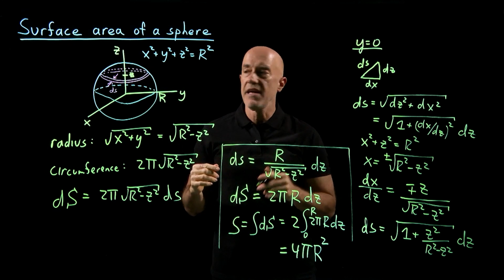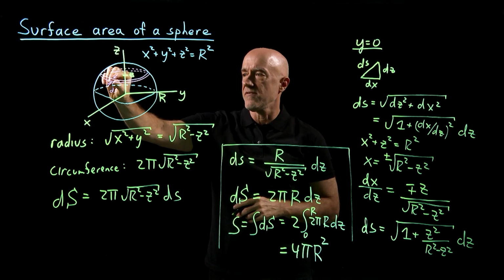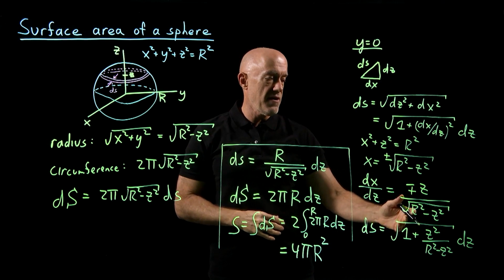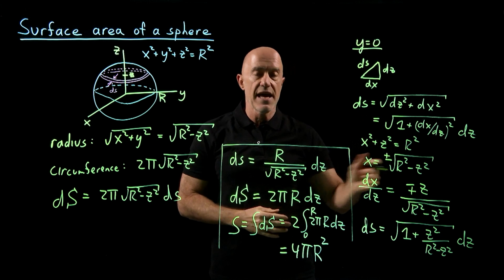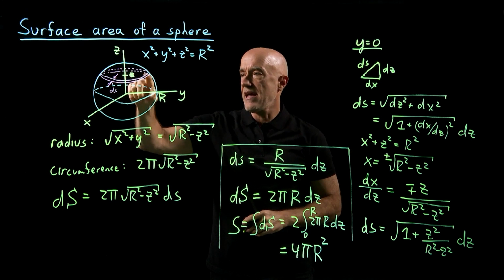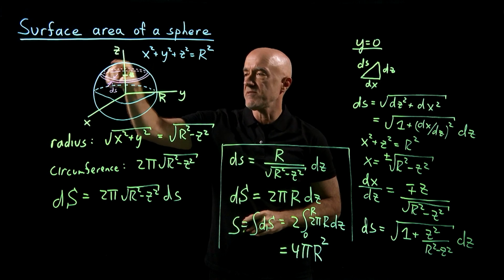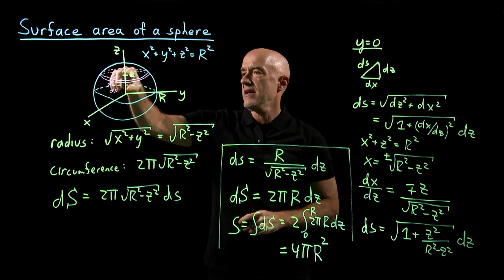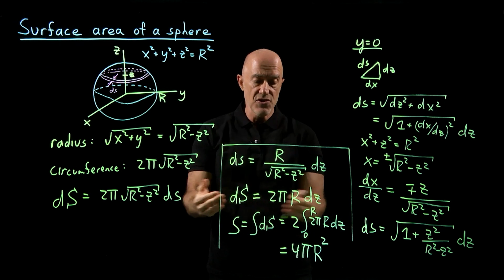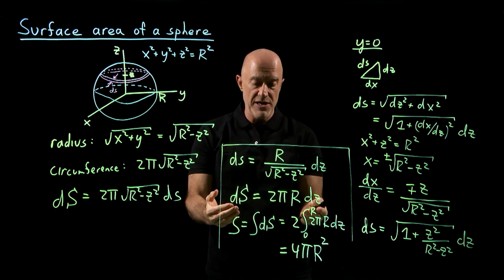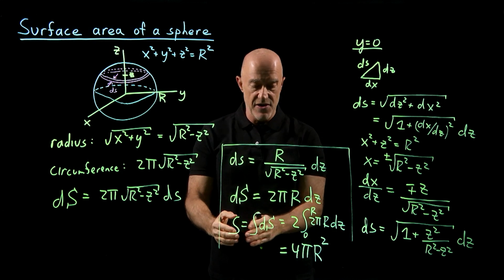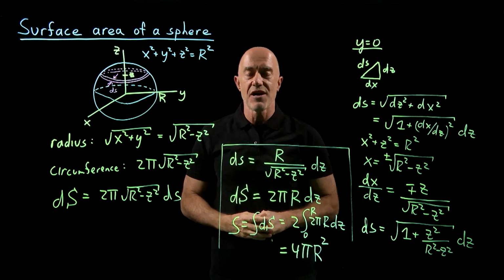The difficulty here was determining the thickness of the ring ds, and we had to do a bit of mathematics in order to get that. Once we got the thickness, then the infinitesimal surface area of the ring is just the circumference times ds, and that turns out to be a rather simple expression which is easily integrated to get the surface area equals 4 pi r squared.